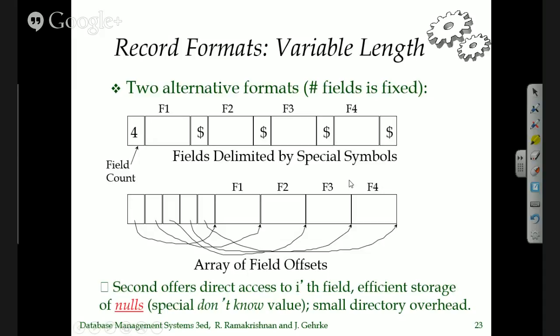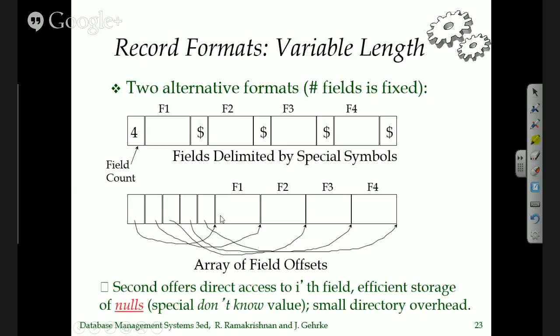And then you can have two formats. One is to say the fields are delimited by some special symbol. The other one is to say, well, you have pointers to the start of the field and then one extra pointer to the end of the last field. So this is the pointer to the start of field 1, this is the start of field 2, end of field 1, and so on.